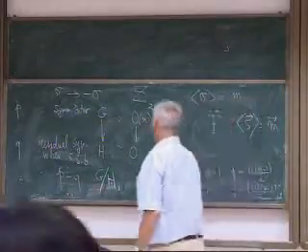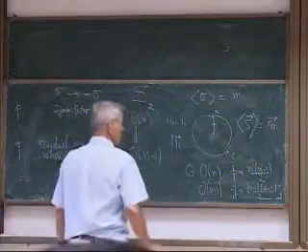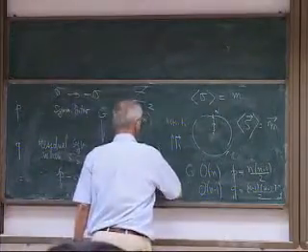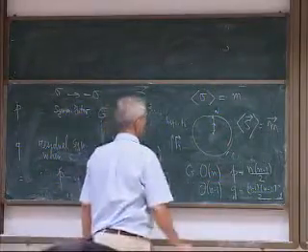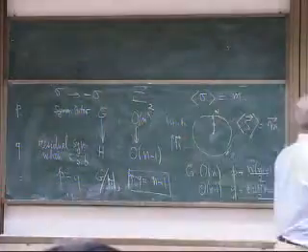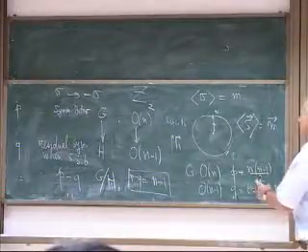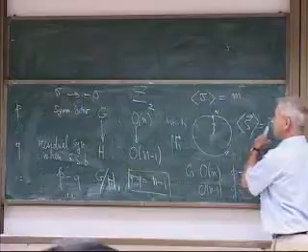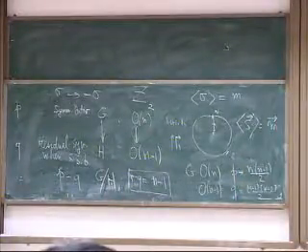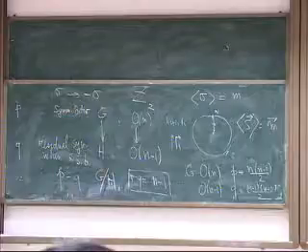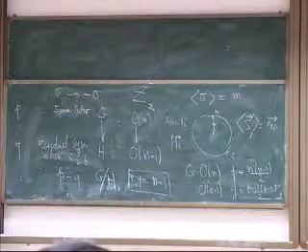And P minus Q in that case is just n-1. So n-1 will be the number of parameters of the phase to describe the phase transition in general.